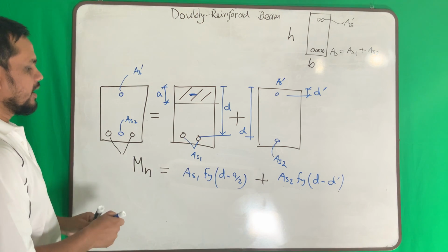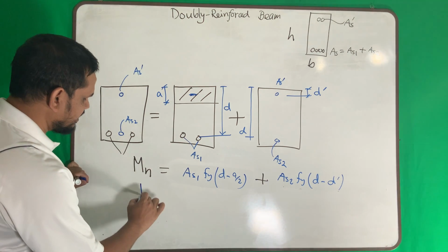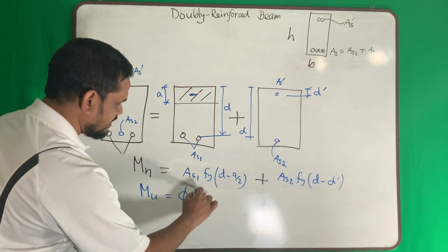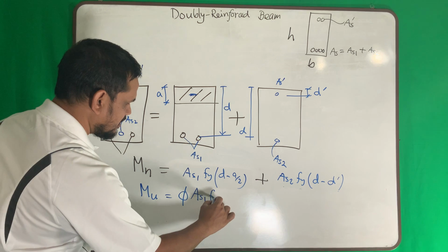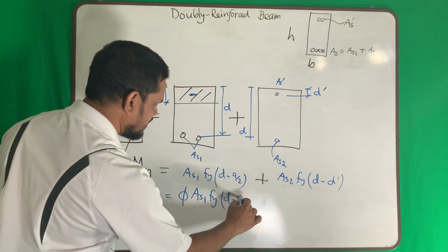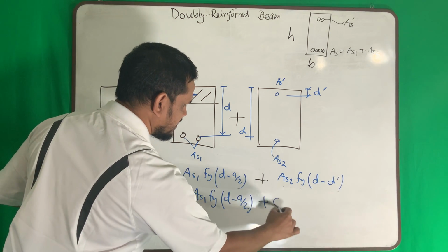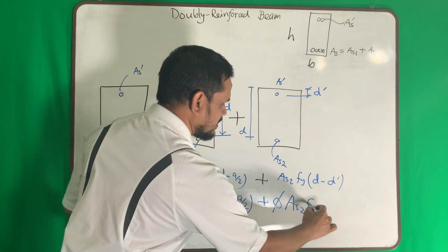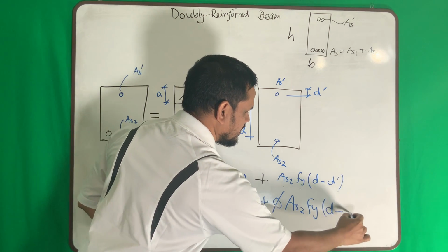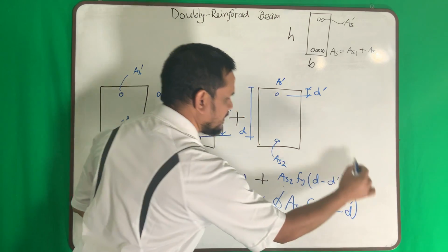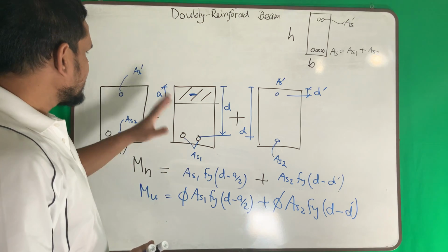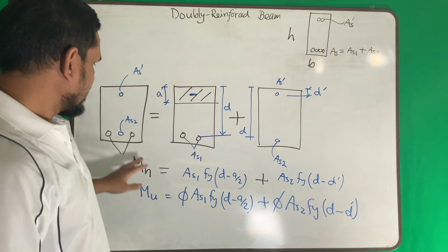Then my factored or design or ultimate moment will be, if I add a phi here, phi As1 Fy (d minus a over 2) plus phi As2 Fy (d minus d prime). So this is the design capacity of a doubly reinforced beam.